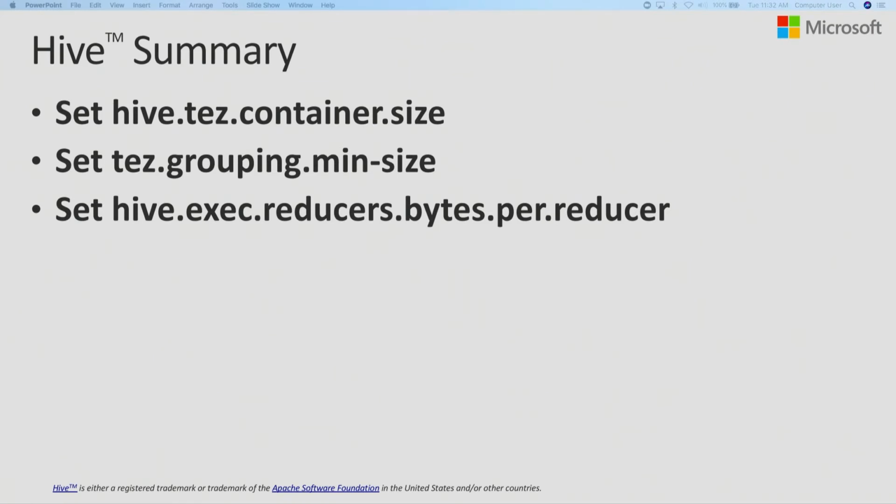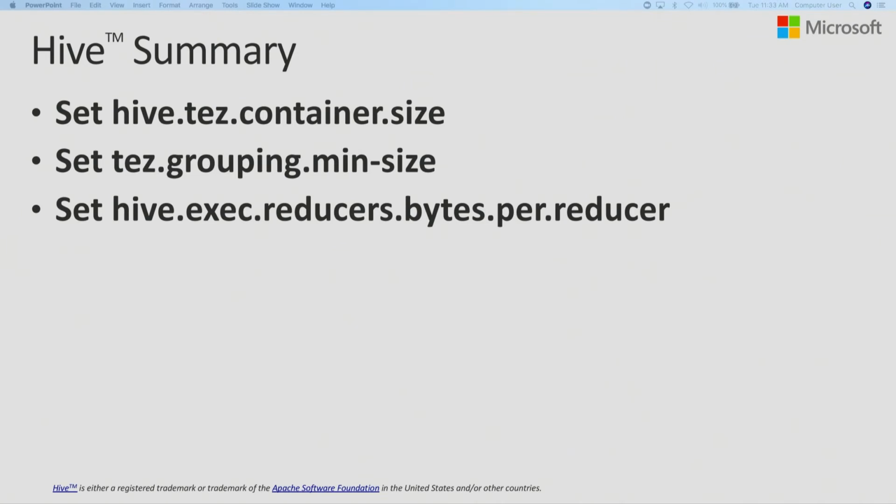Second, if you need to do some more advanced tuning, you're thinking, hey, I'm still not getting the right performance that I need. I want to do a little bit more. And so I would investigate a couple of these parameters, seeing if the min size of the Tez grouping is too large, then make it smaller so that you can run more tasks within your containers.